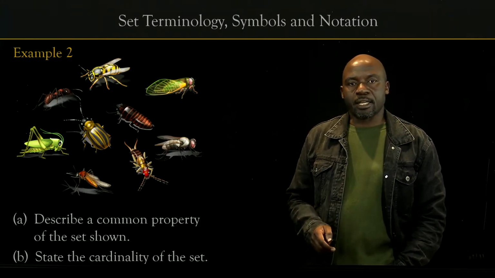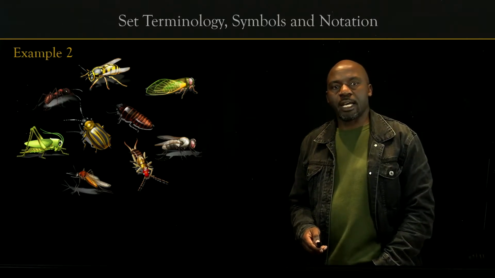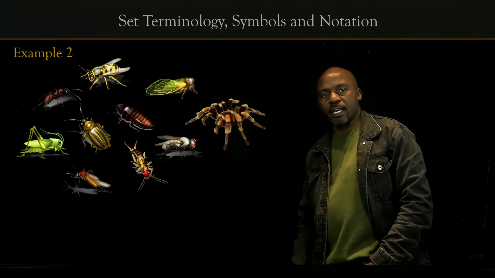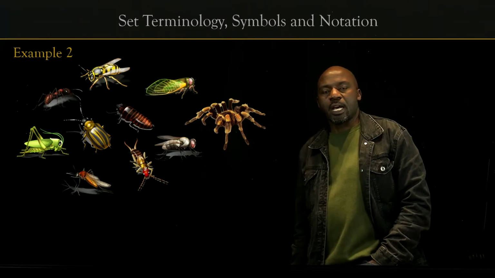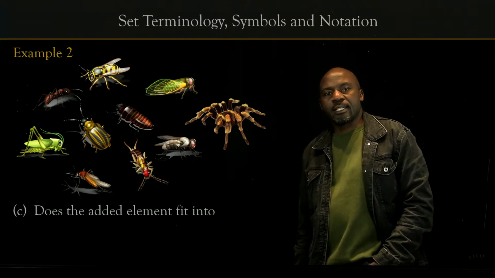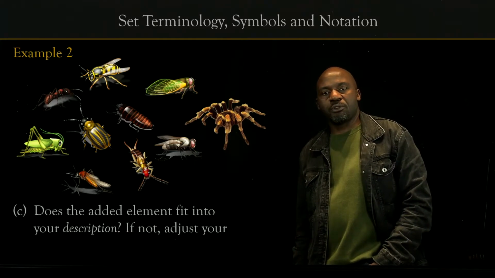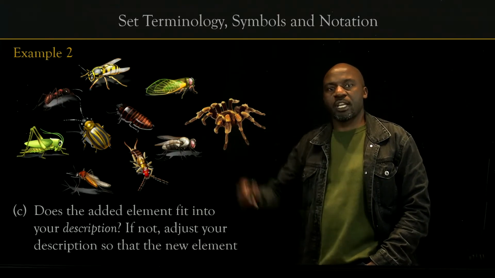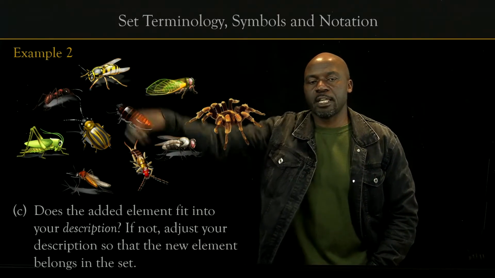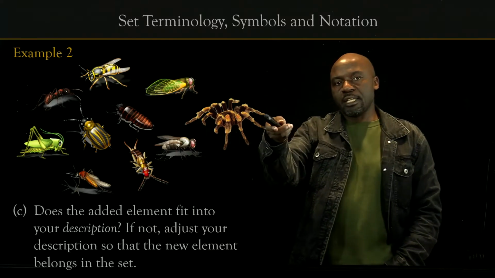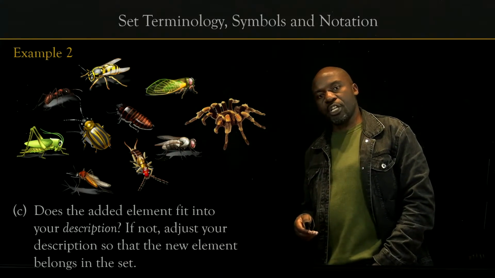And then there is a second question. Now I bring in another object in the set. There is another one. And the question is, does the added element fit into your description? The description you gave for a common property here, does adding this new element change your description?